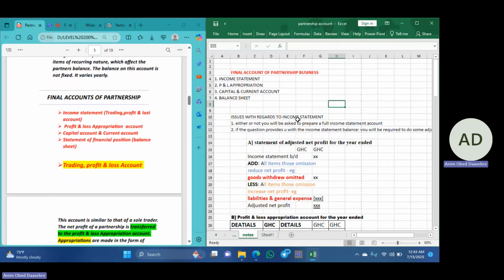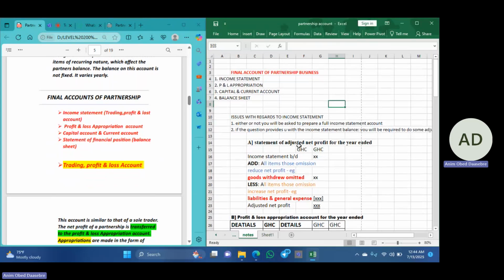Do you get it? They will provide you with certain items that they did not record when they were preparing the income statement. Those items, you need to adjust on the reported profit that they gave to you in the question.